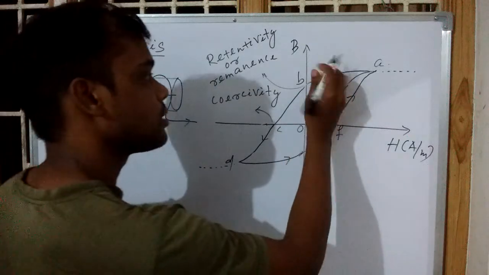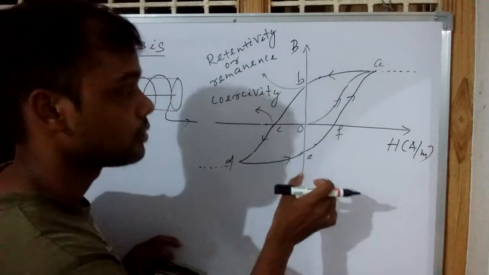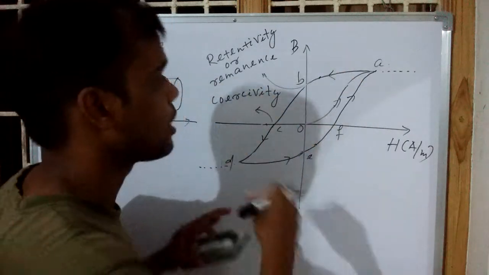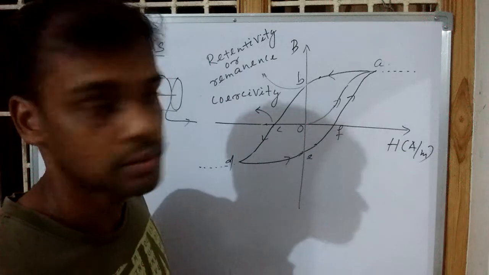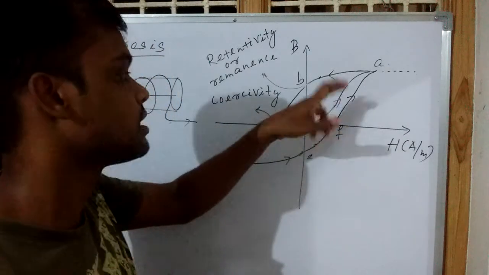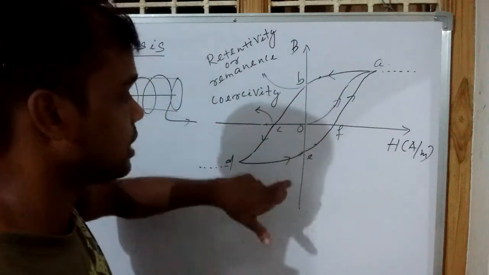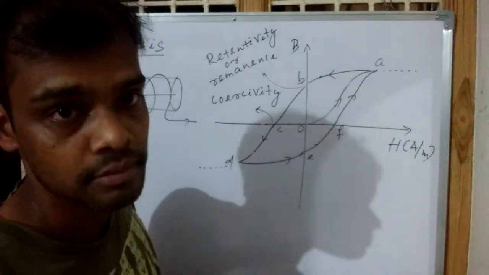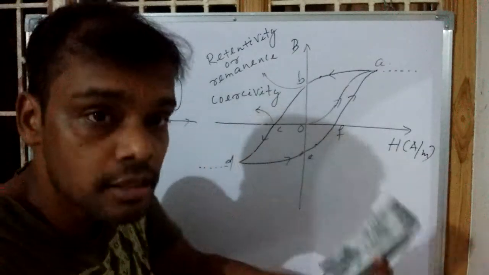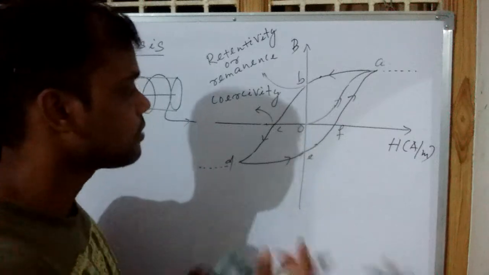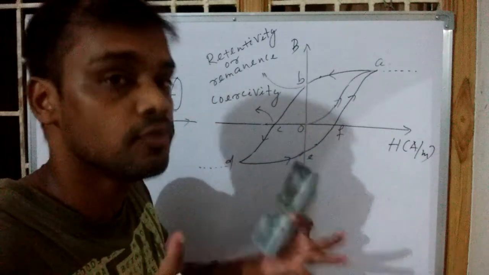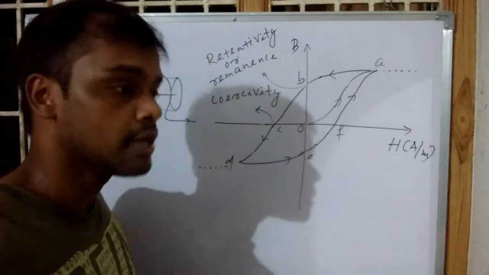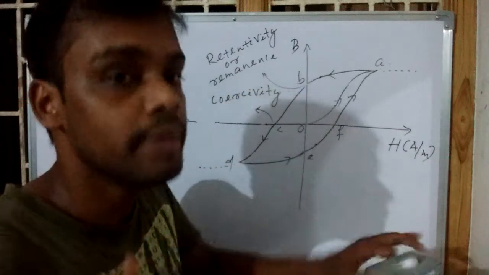That means whether B is positive or negative will say what the next value of B will be. If B is positive, if you increase the current, it will decrease. If B is negative, if you increase the current, it will increase. That means it depends upon history. Initially, what the value of B was will decide what the value in future will be.